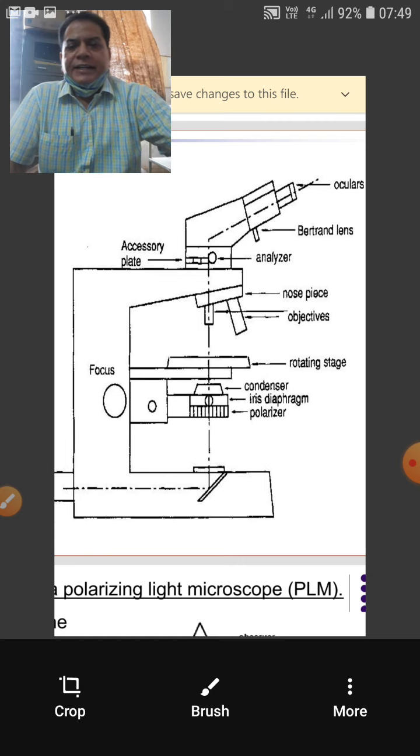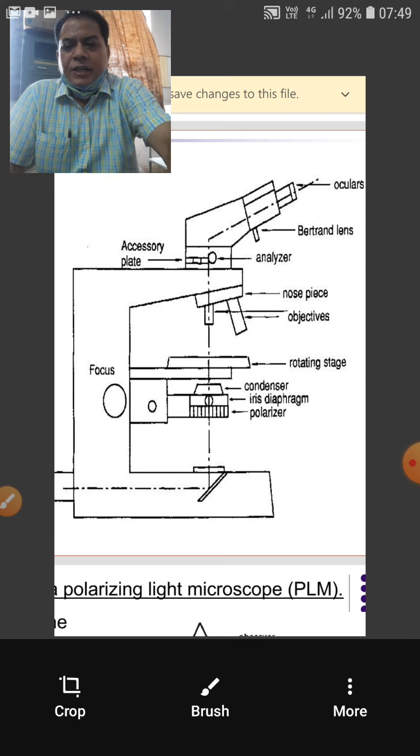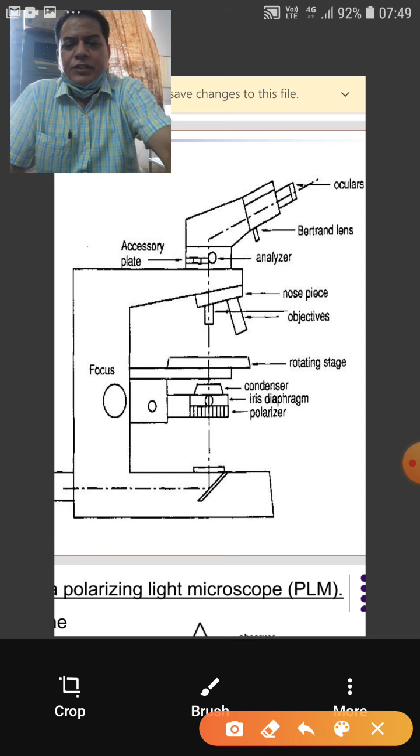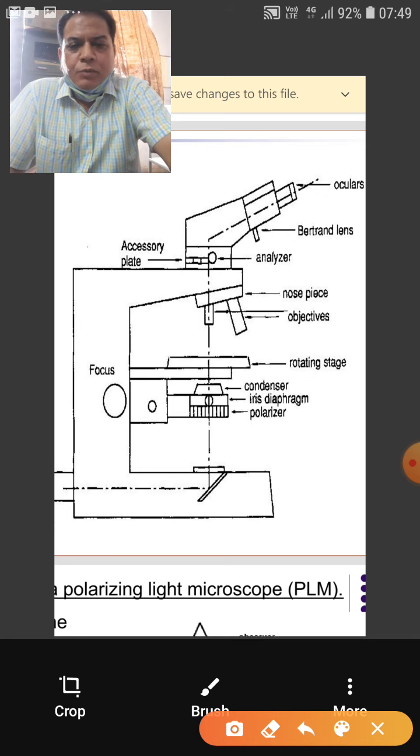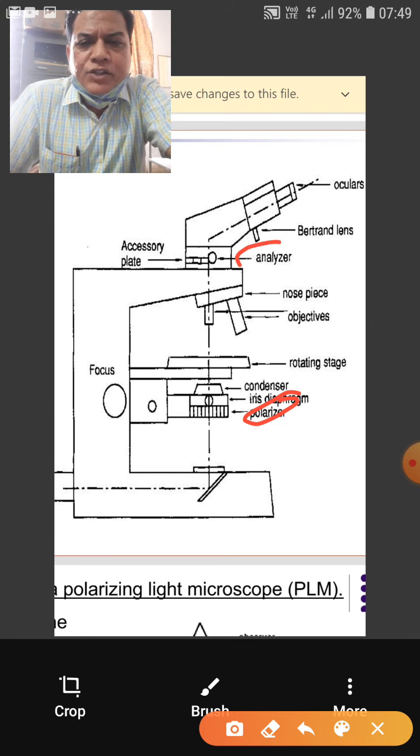You can see in the diagram the sketch of a microscope. Now, as such, a microscope is a magnifying instrument, but it has two additional features, that is the polarizer and the analyzer. This polarizer is fixed below the stage, whereas this analyzer is above the stage.